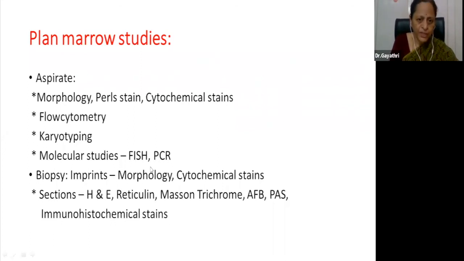So also for FISH and PCR. When you do the accompanying marrow trephine biopsy, ensure that you take adequate imprints for the same reason. Sometimes your marrow aspiration is dry and your imprints will come to your rescue in establishing the diagnosis. Ensure that your sections can be stained for all these cytochemical stains plus immunohistochemical stains, as we've seen in so many examples.